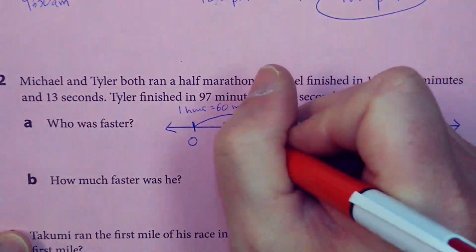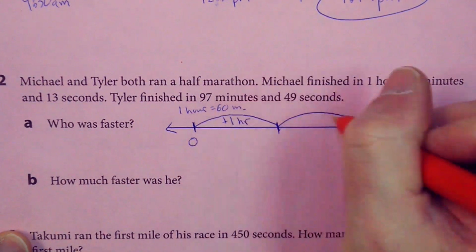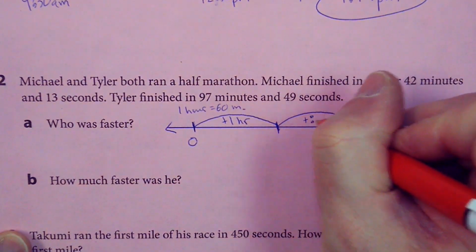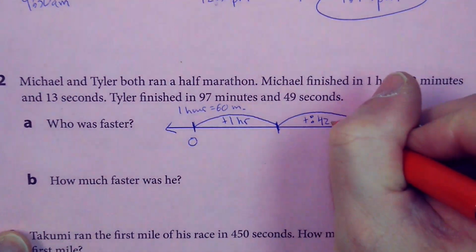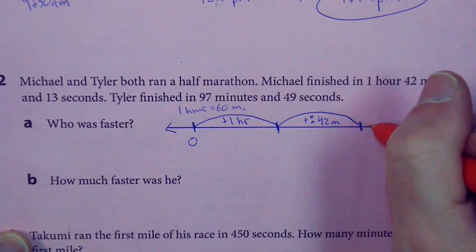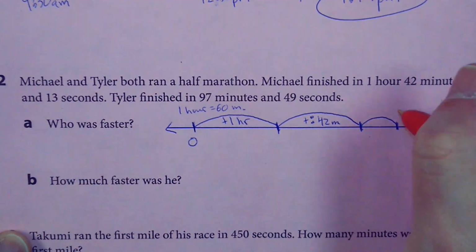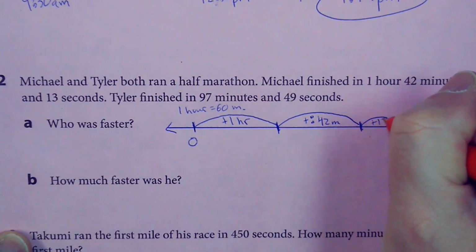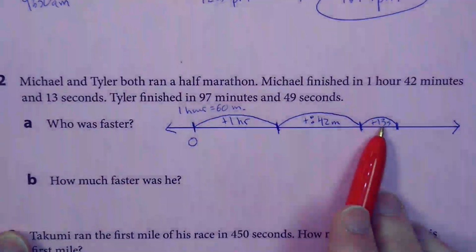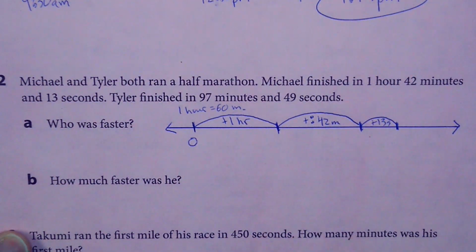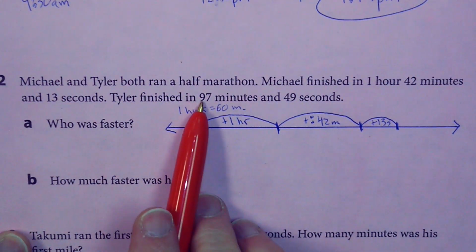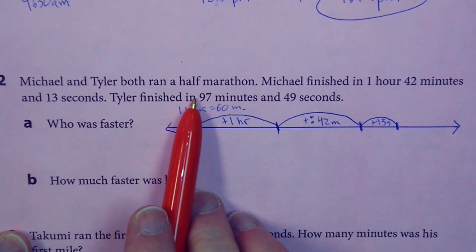Okay, so this would be plus 1 hour plus 42 minutes. And then I'm going to go plus 13 seconds. Okay? I'm going to switch colors on my pen, and then we're going to see what we can do here with Tyler.